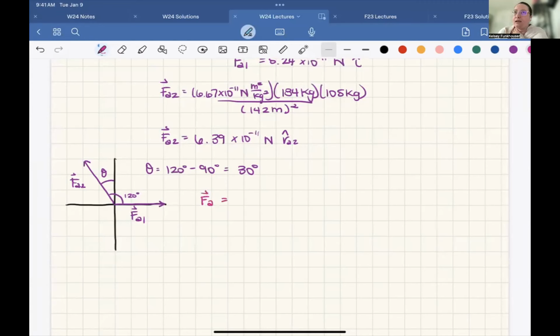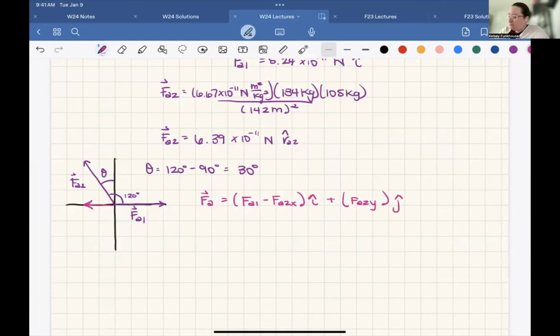And I'm going to write this in unit vector notation for now. So it's just going to be the force from asteroid 1 minus the force from asteroid 2 in the x direction. And that's minus just because the force from asteroid 2 in the x direction is just in the negative x direction. And this is I hat, and then J hat is just the y component of the force from asteroid 2.